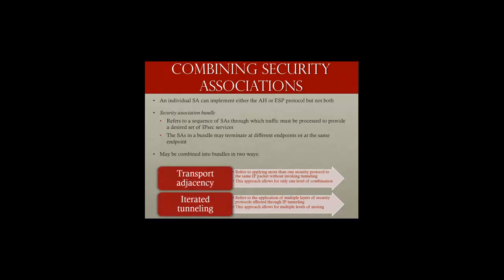Combining security associations. Now, an individual SA can implement either the AH or ESP protocol, but not both. Sometimes a particular traffic flow will call for the services provided by both AH and ESP. Further, a particular traffic flow may require IPsec services between hosts, and for the same flow, separate services between the security gateways, such as a firewall.